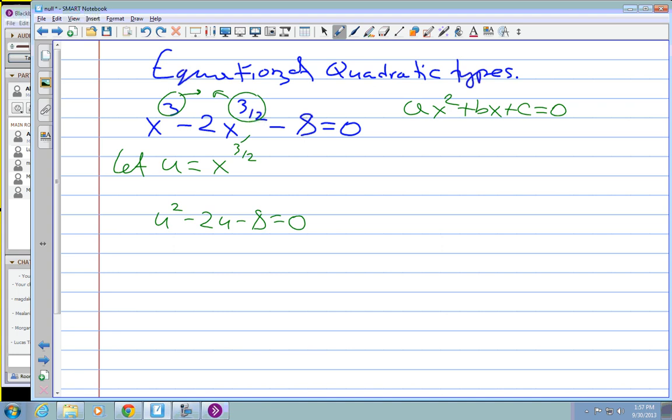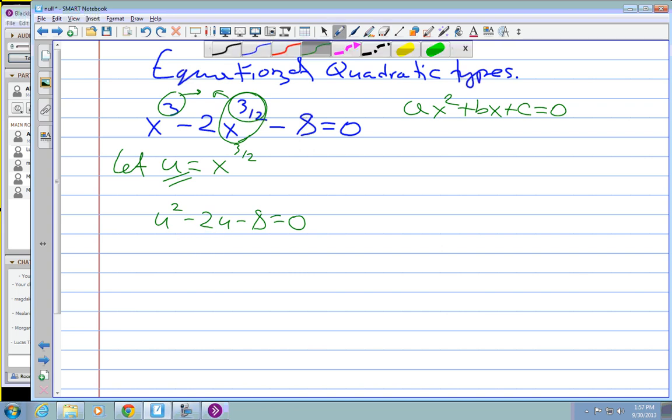We replace the part that's not squared with a newly invented dummy variable. You can call it whatever you like. If you replace every x to the power 3 halves with a u, you end up with negative 2u, and this becomes u squared, because if you square 3 halves, you get power 3. So that's a whole new equation which we're going to try to solve for u.